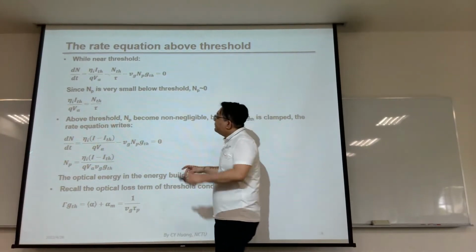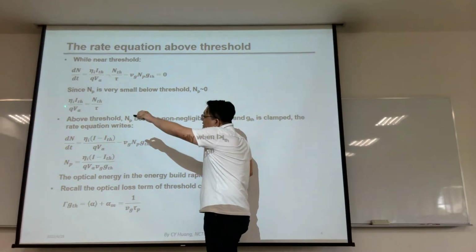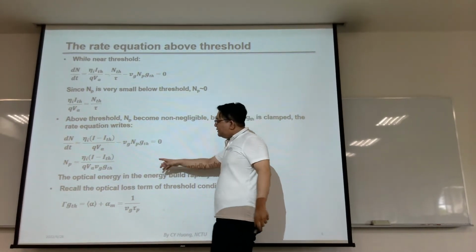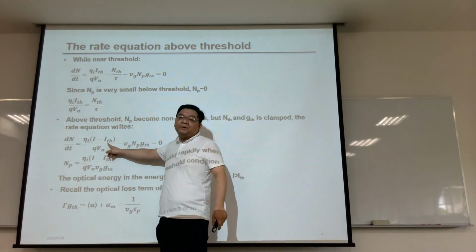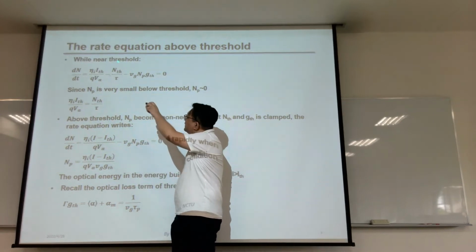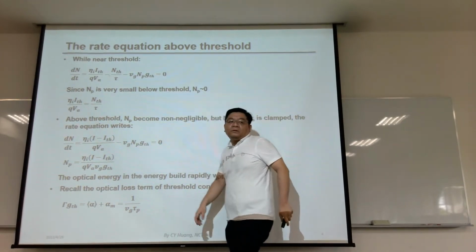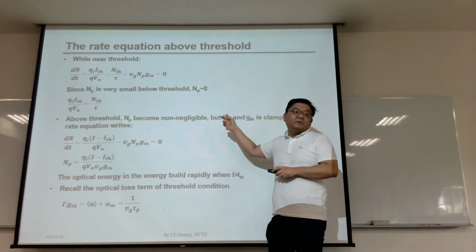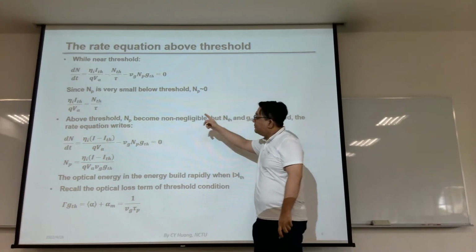Alright, so we can put this term back on the left side. So the differential equation above I_TH should look like this, because we already replaced this value. And when I is larger than I_TH, the N doesn't increase, because of the gain clamping phenomenon.